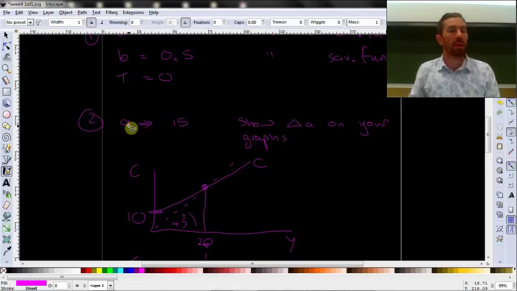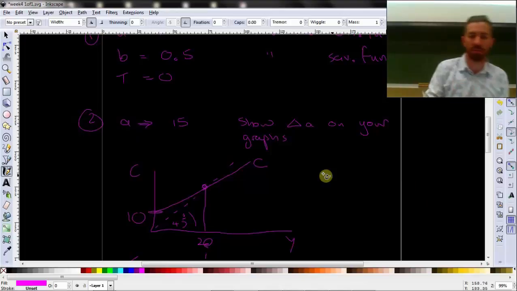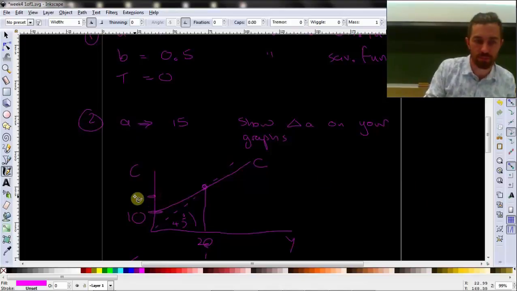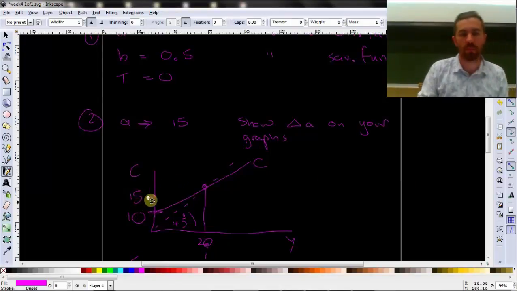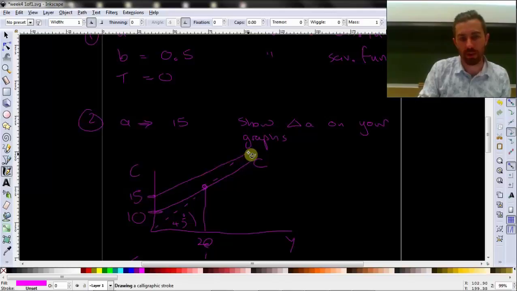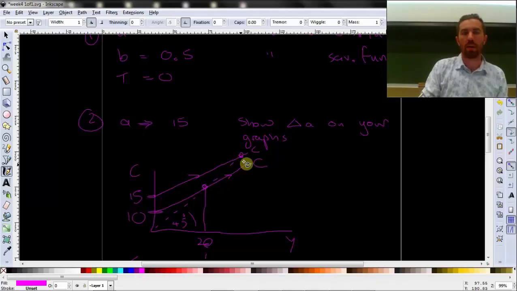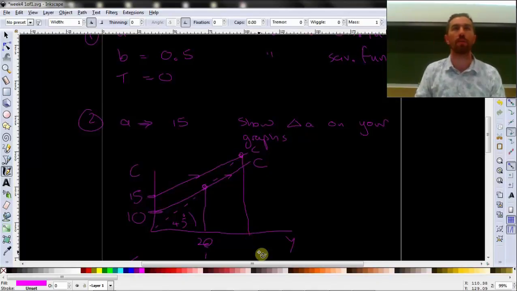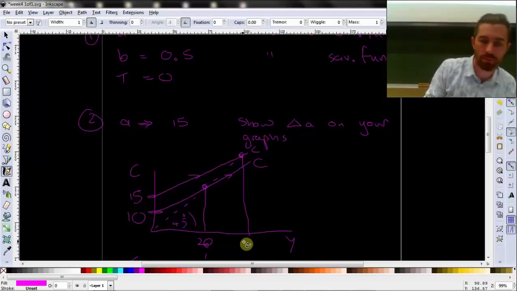If our level of autonomous consumption increases to 15, we draw another consumption function which is parallel. Doesn't look parallel, but it's supposed to be parallel. We've got another intercept value. What was the intercept value here? 30? You happy with that? Cool.